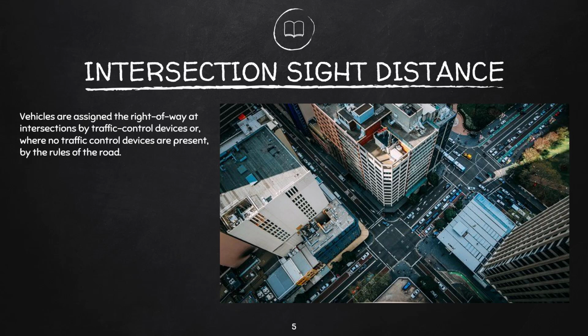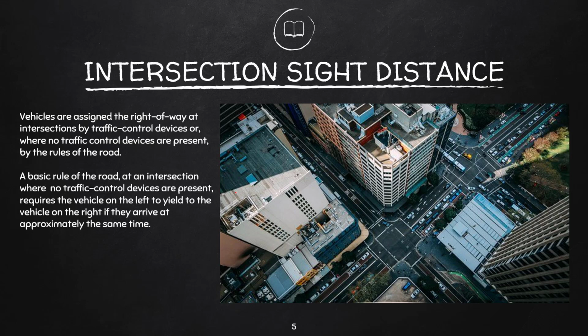So there are a lot of vehicles that may pass it, and to determine the right of way, meaning to determine which vehicles will be using that intersection in that period of time, we provide traffic control devices or simply the rules of the road, especially for intersections with no traffic control devices.